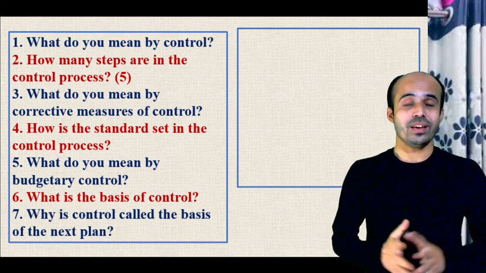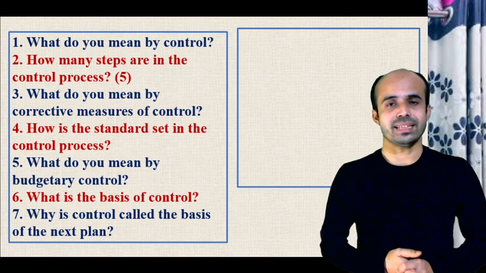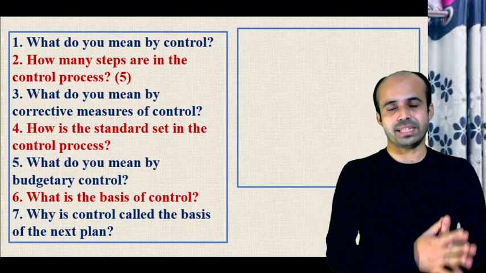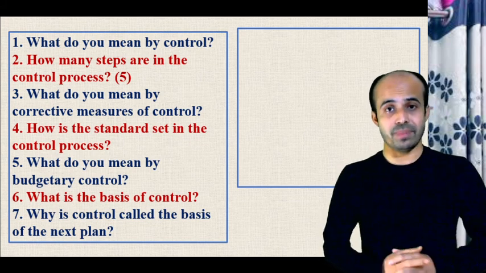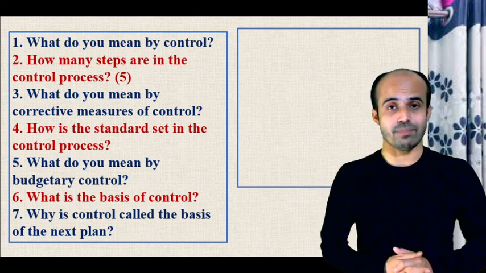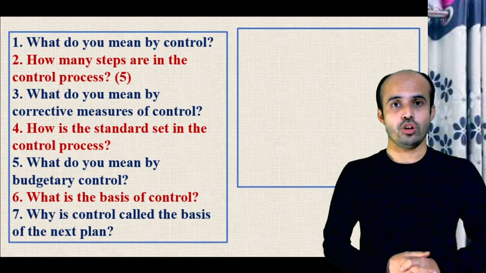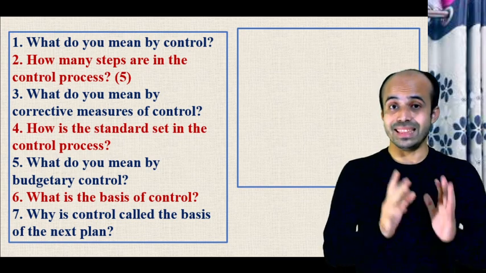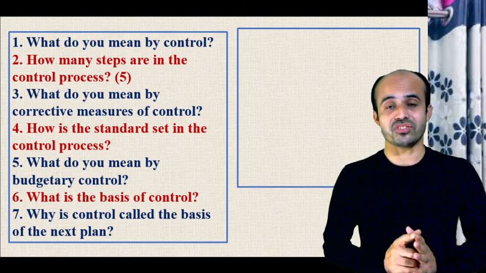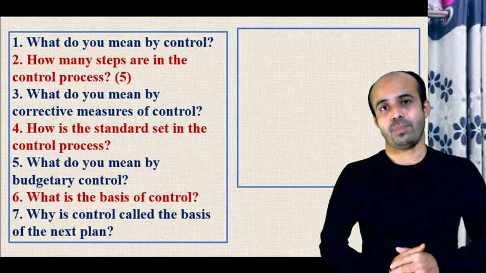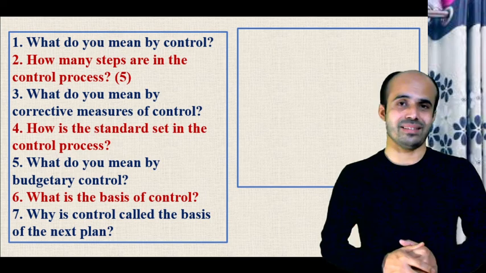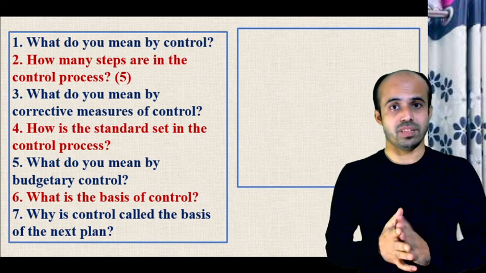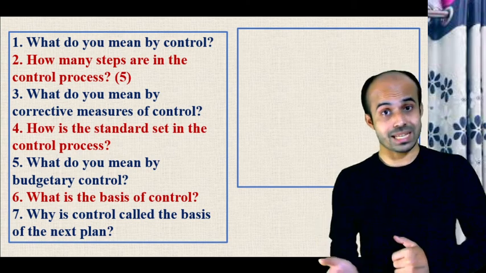You have to understand that when we take corrective measures or corrective action to meet the standard, this corrective measure will be considered for next planning. So that is why we can say that controlling is the basis of the next plan.